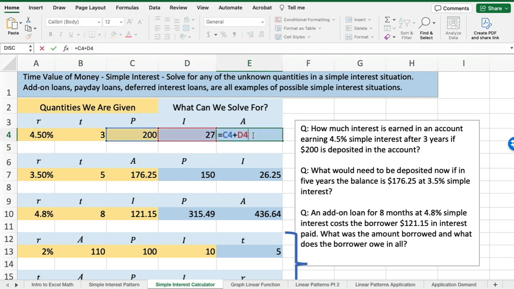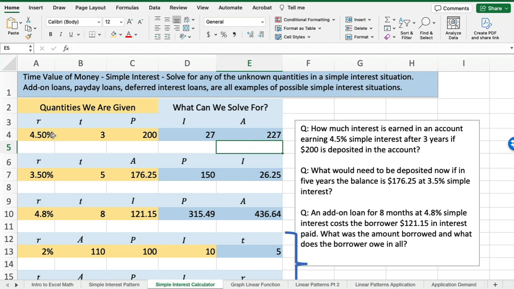The future value, I just typed that in here just in case we have another question that involves the amount that's in the account. If we wanted to know what the amount is in the account, or the account balance, we would do that under the capital A, and that would be equals C4 plus D4, because principal plus interest is our accumulated value.